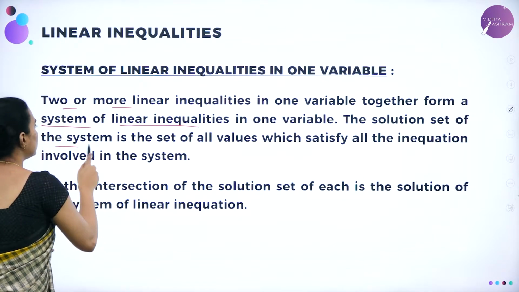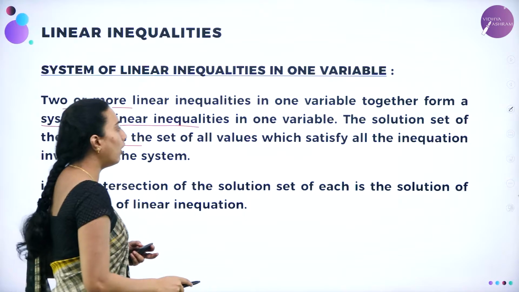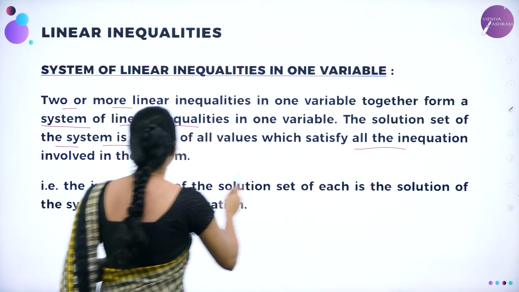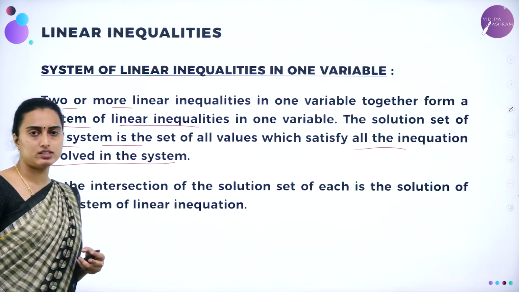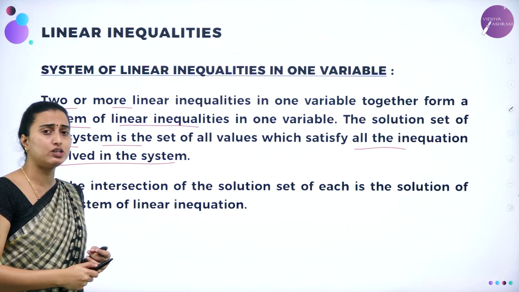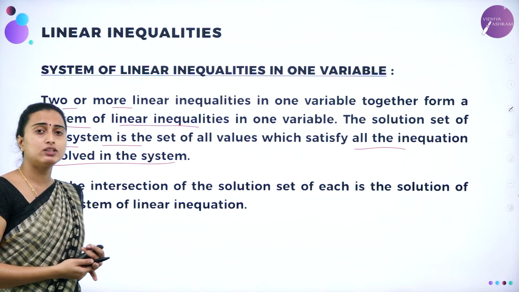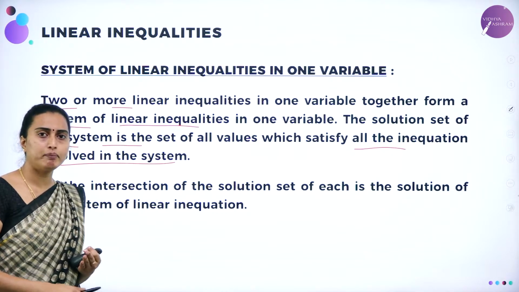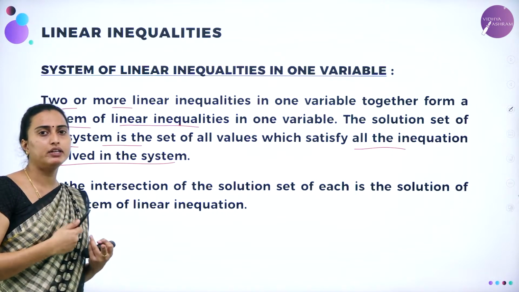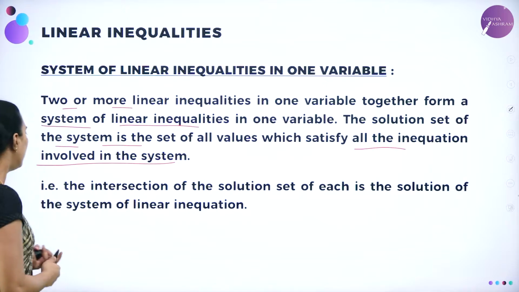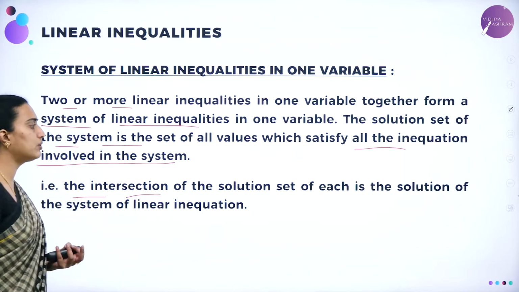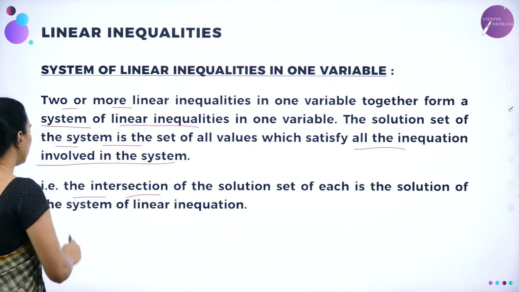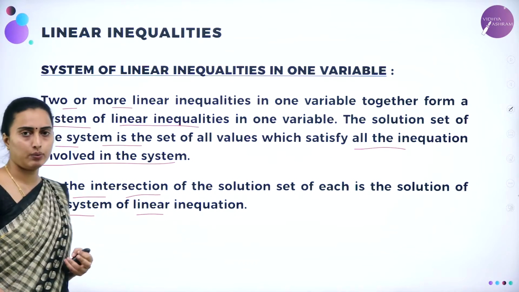The solution set of the system is the set of all values which satisfy all the inequations involved in the system. It depends on the solution set, whether it is a real number, integer, whole number, positive real number, negative real number, and so on. Now here, the solution set of the system is the intersection of the solution sets of each of the linear inequations.